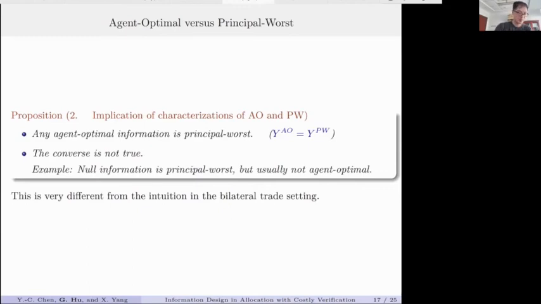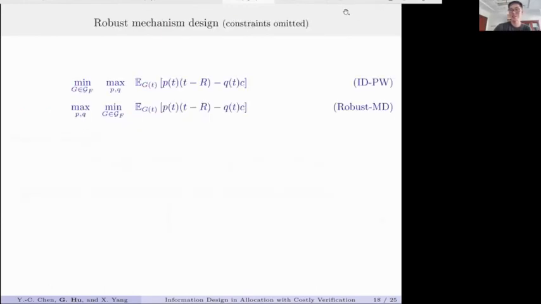So this is the first important implication from the characterizations. And the second one is about robust mechanism design. As I promised, you will see the maximin inequality here. The upper problem is the principal worst information design problem. And the second one is the robust mechanism design problem.